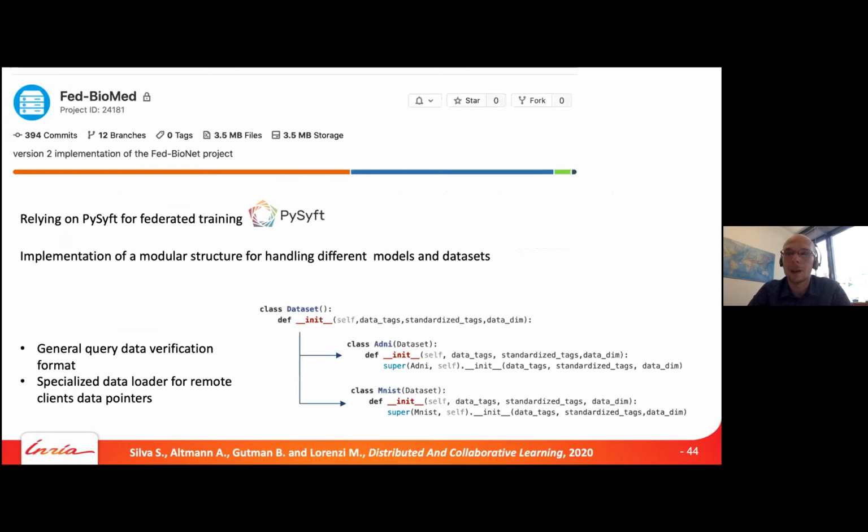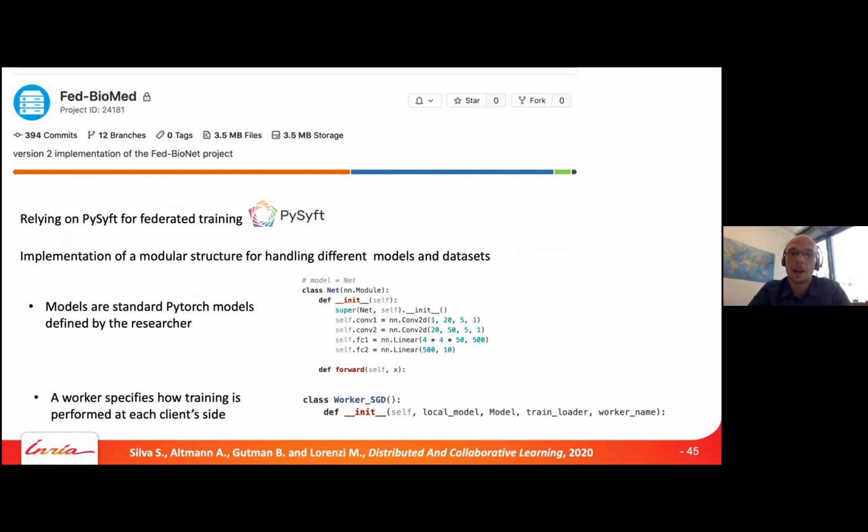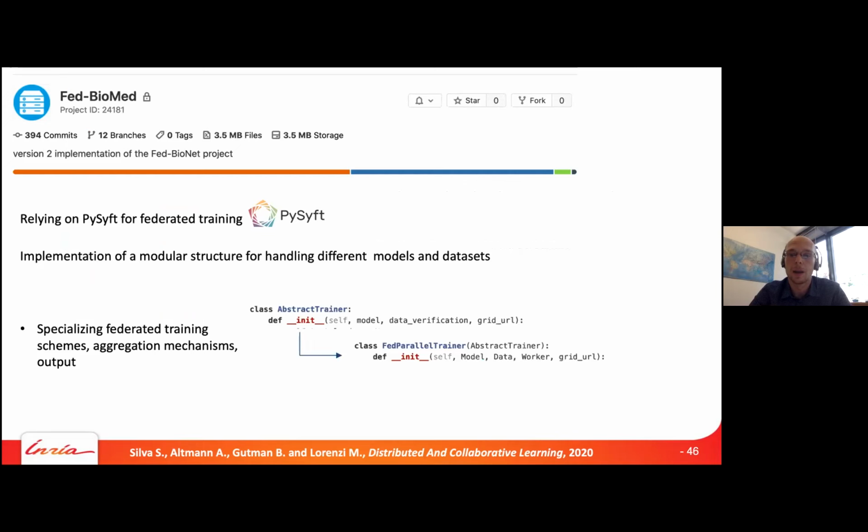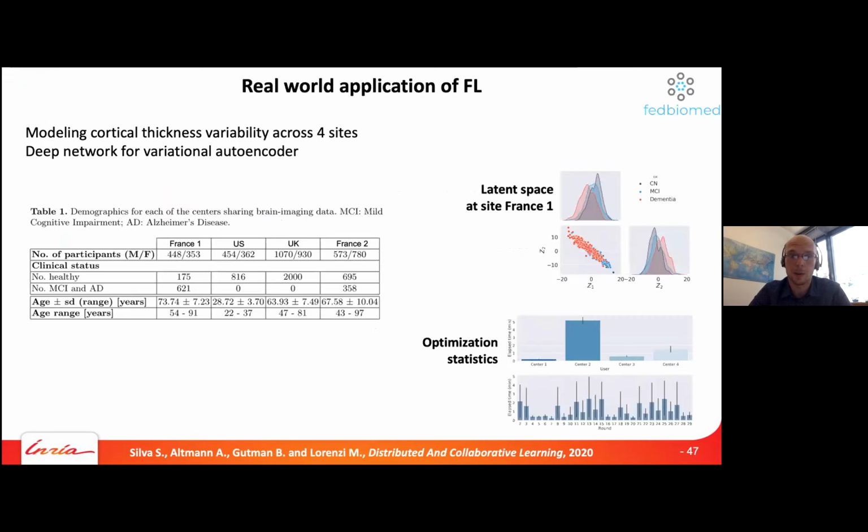Plus defining how to deploy a model, using a proper wrapper to define a class of a data set with all these methods for training, for batch, and deploying a network as defined, for example, in PyTorch easily. So a wrapper and also the optimization protocol: how do we want to pass the parameters for batch size and number of rounds and so on. And all the code is open source, it is online.